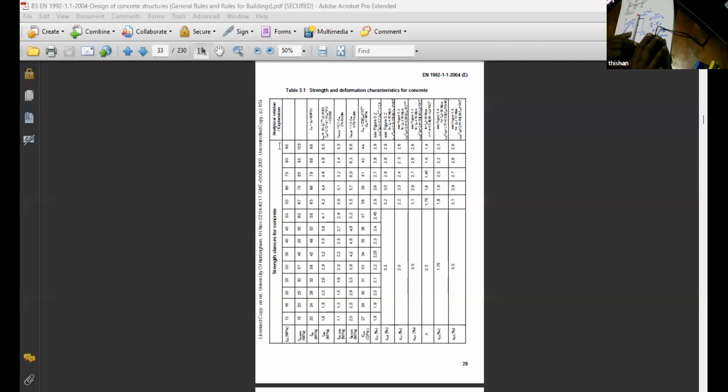It allows you to do something else. What is that? If you want to go beyond 105 cube strength, if you link up with the university and do the necessary testing, you can even use 150 megapascal concrete.